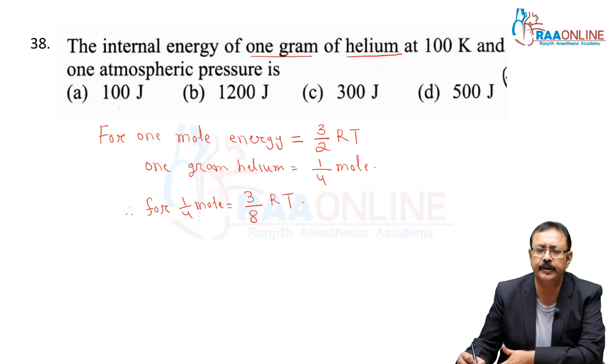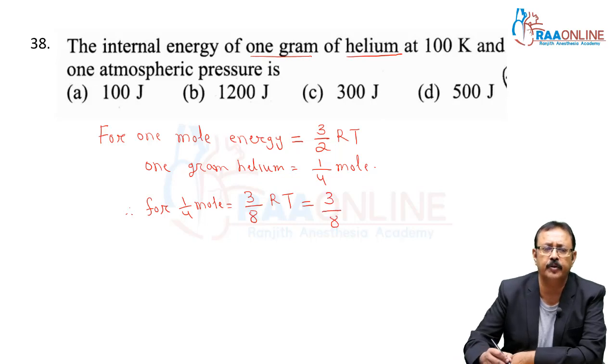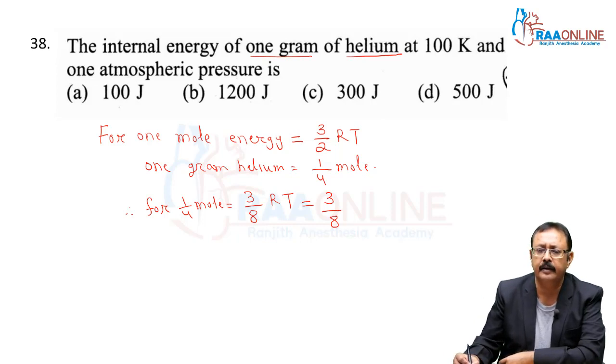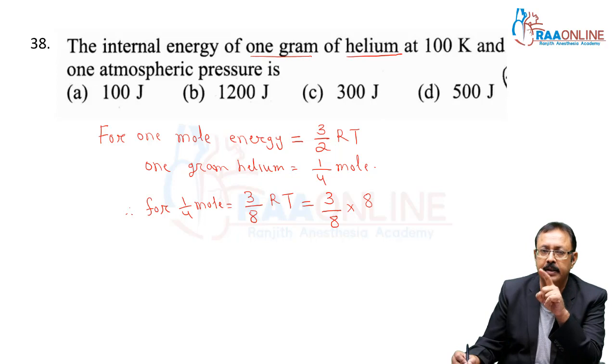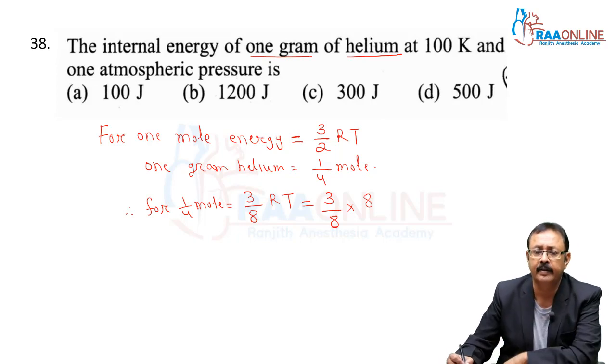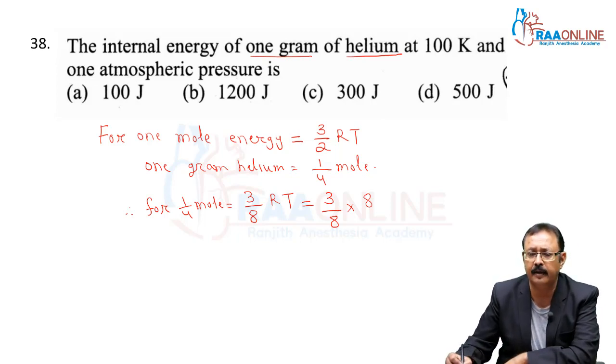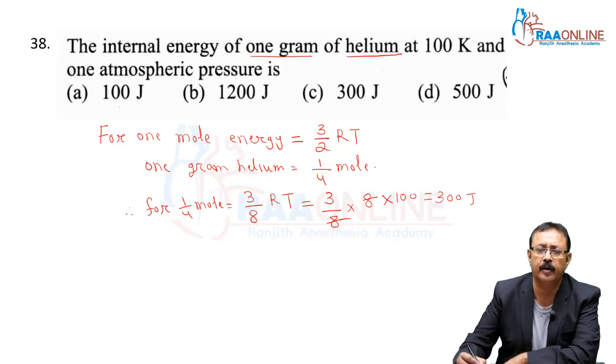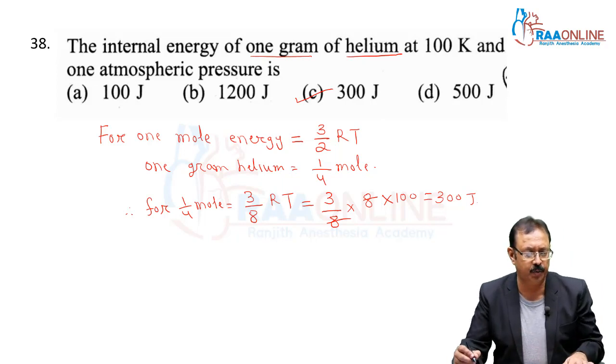Now we have the value of each and everything. Since decimals are not being used, I am taking the value of R as a rounded value. 8.31 means you can take 8, because the digit after the decimal is less than 5, so we can drop that. So 3 by 8 R, and the temperature is already given in Kelvin. So we get the answer 300 joule. We are going with C, 300 joule.